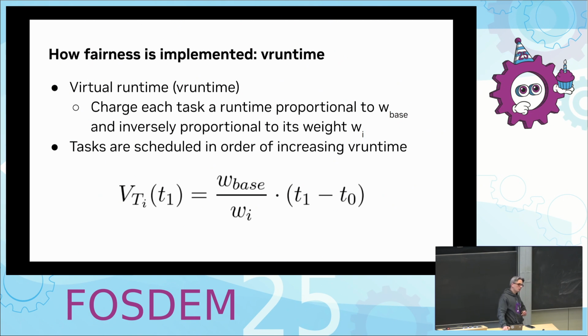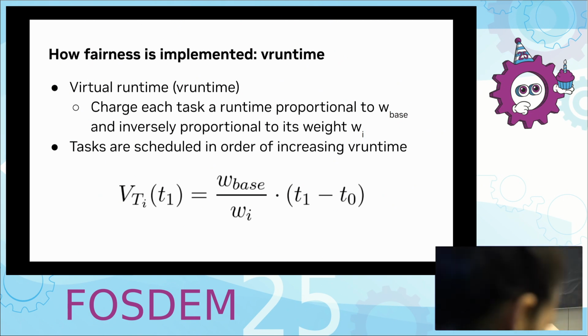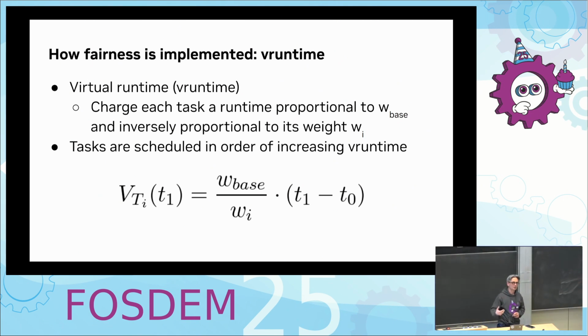And how Linux is implementing this, or how usually you can implement this concept of fair CPU bandwidth allocation, is using something that is called vRuntime. Basically, the idea, without going too much into details, I just want to give you the intuition here.